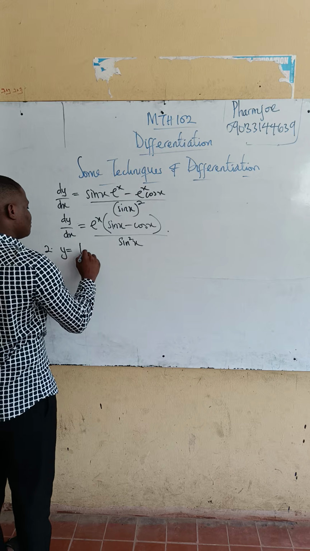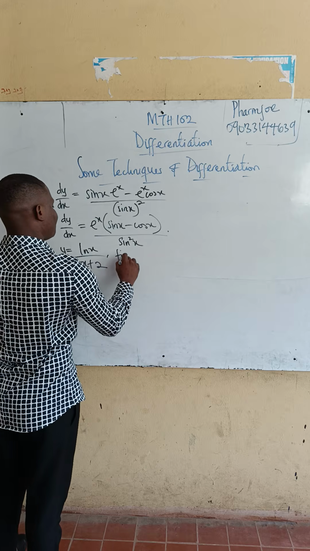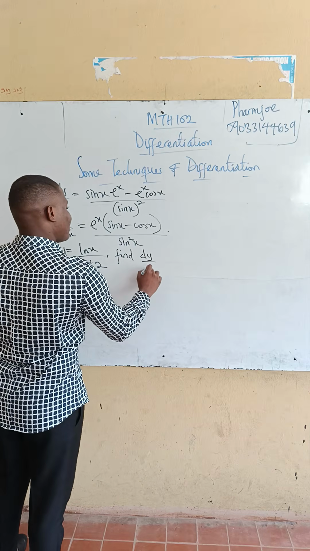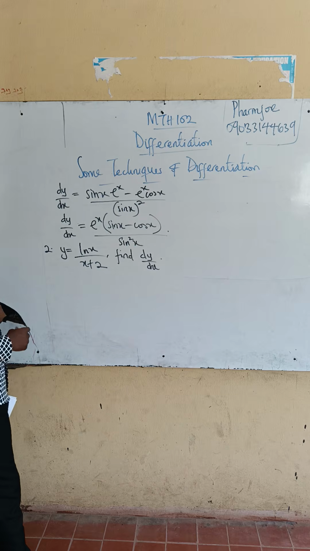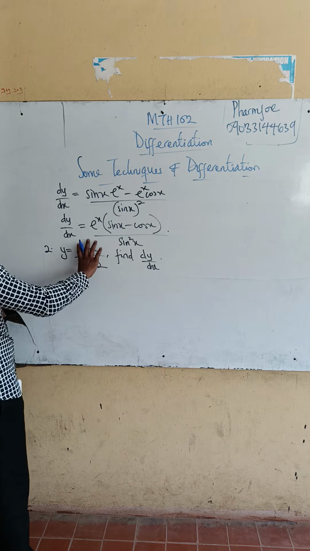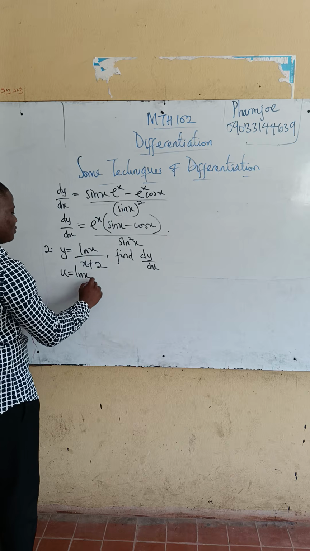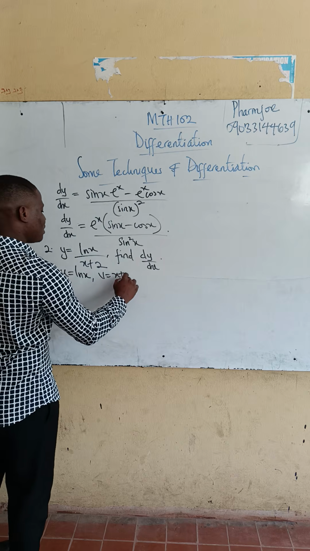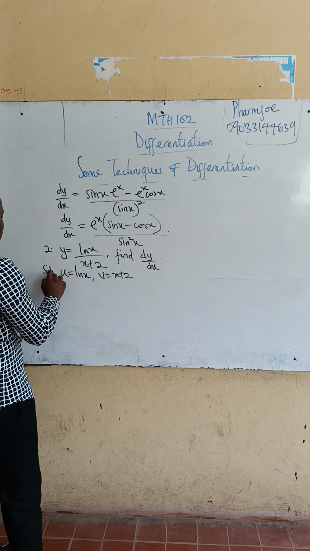Let's take ln x over x plus 2. Then I'll say find dy/dx. y equals ln x over x plus 2. Find dy/dx. So again, this is a quotient. Let's identify: our u is ln x, our v is x plus 2. So if I want to find it, this is our solution.